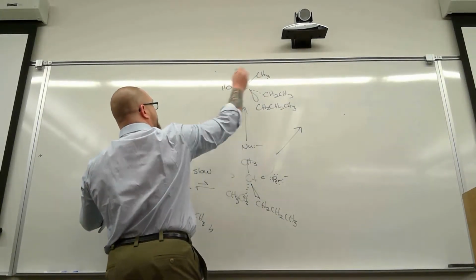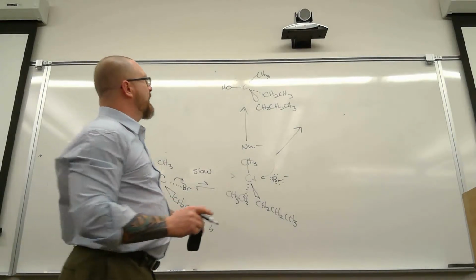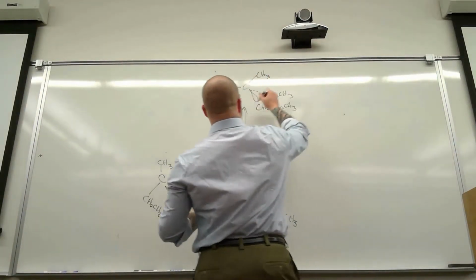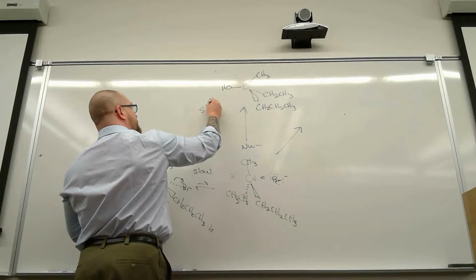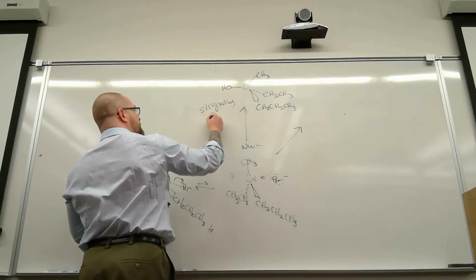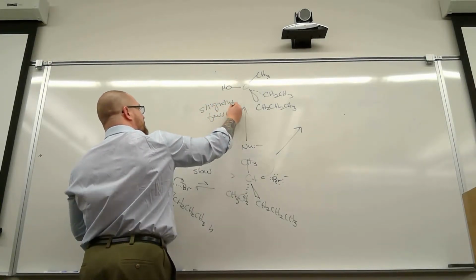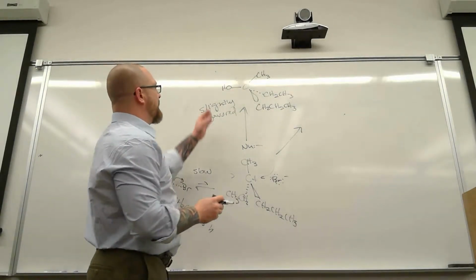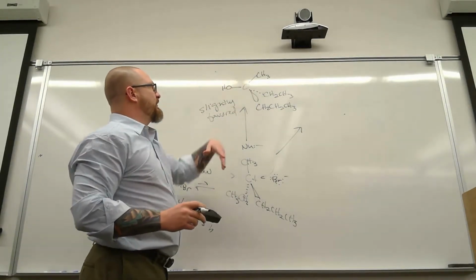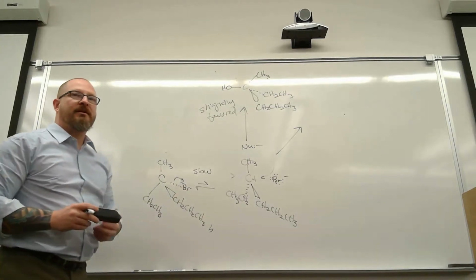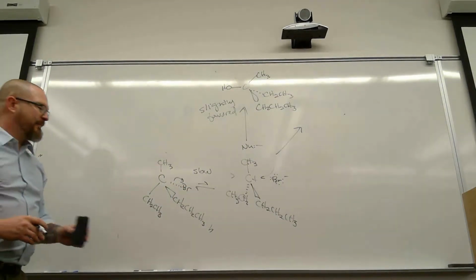There we go. That's better. And then this would be slightly favored over the opposite product. If we came in the other side, we could just draw this as the mirror image, and that would be the slightly less favored product.